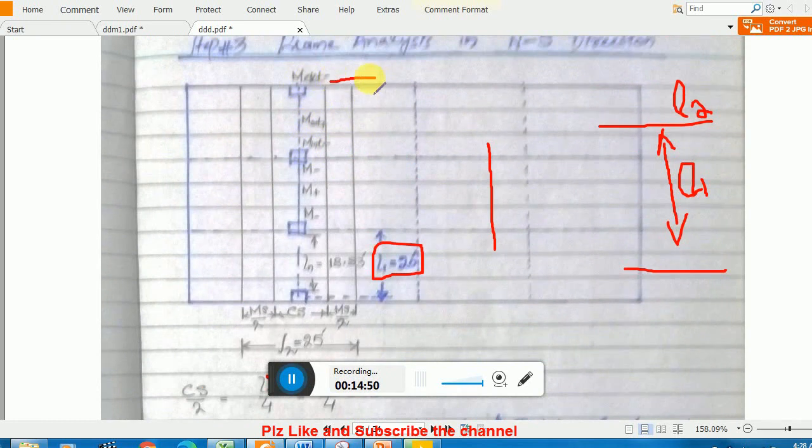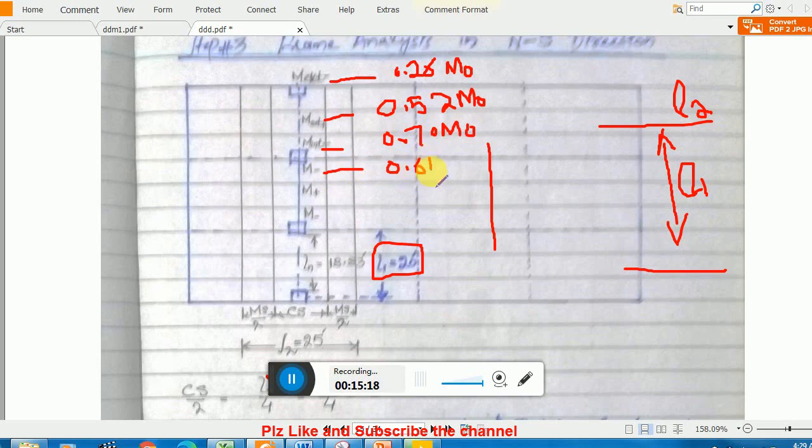This M exterior positive is 0.52 M naught. M interior negative is 0.70 of M naught, and M negative is 0.65 M naught, and M positive is 0.35 M naught. So this will give you the longitudinal distribution of moments.